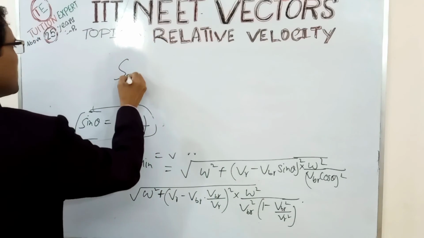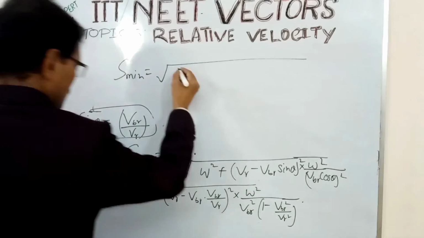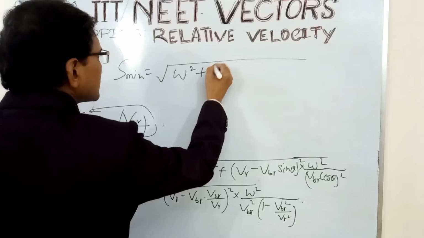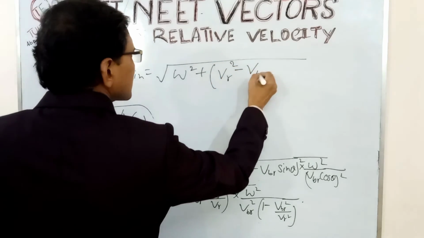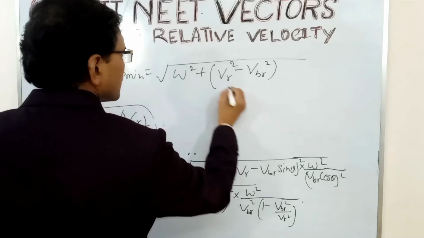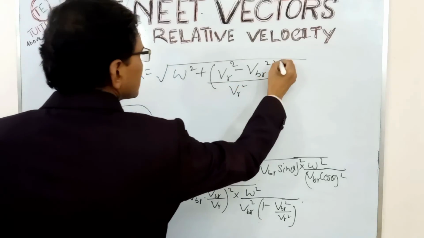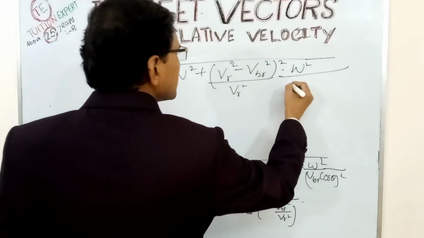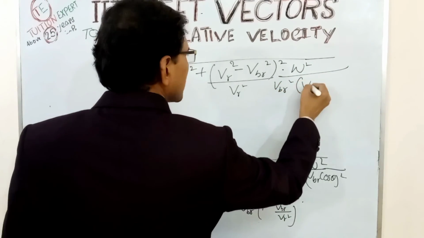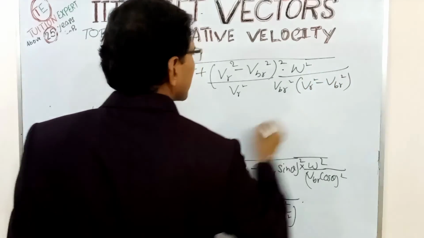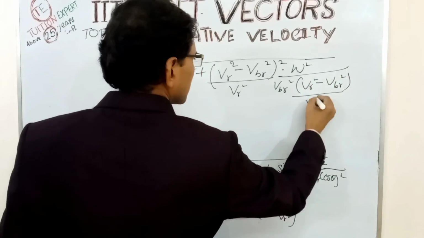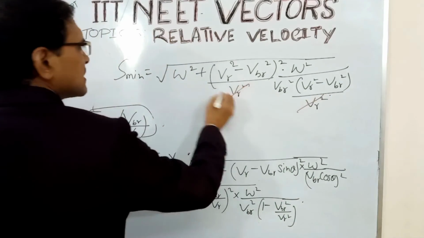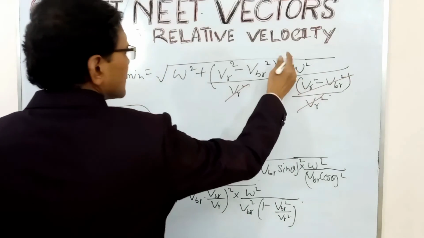What will be the value of S minimum? S minimum equal to W square plus, if we calculate this, it becomes vr square minus vbr square by vr square, then this whole square, W square divided by vbr square into vr square minus vbr square by vr square. So cancel this and this, cancel this and this.